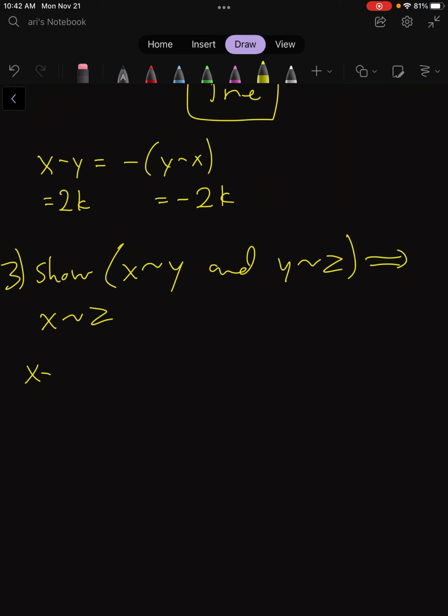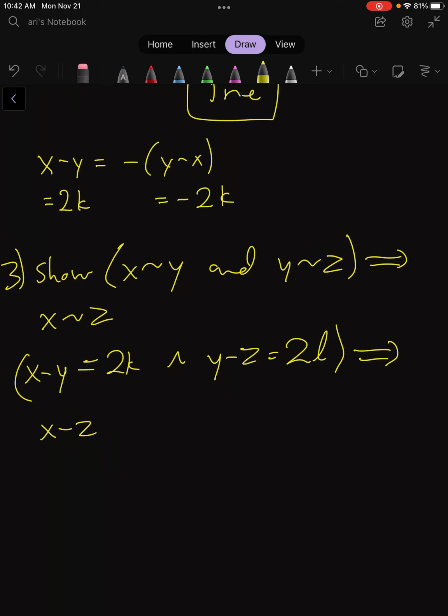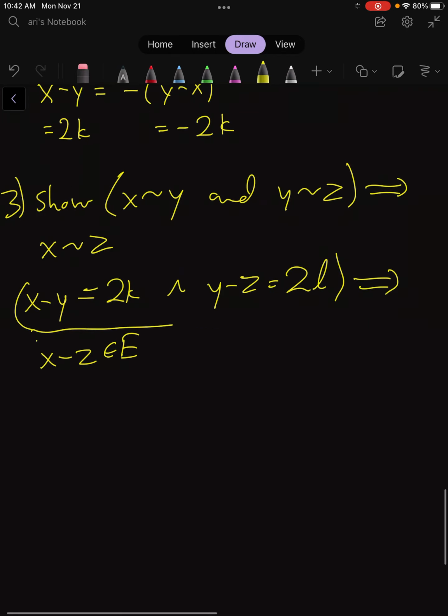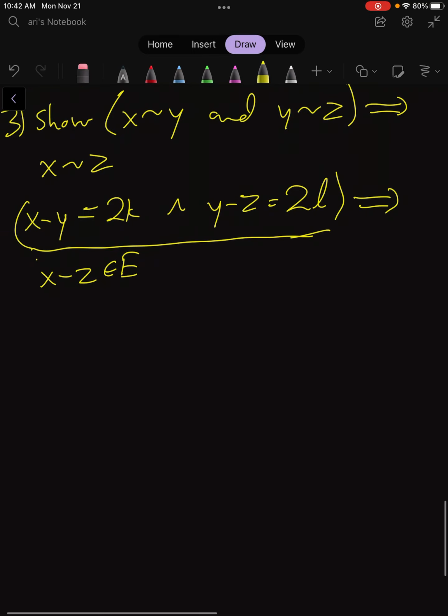It means that if x minus y is even, now I'm going to already start doing it like this, and y minus z equals, let's say, 2l, they're both even, that implies that x minus z is even. And I'm not going to give the variable yet because I'm going to do algebra to try to figure out exactly what x minus z is equal to. So now I'm going to do the algebra.